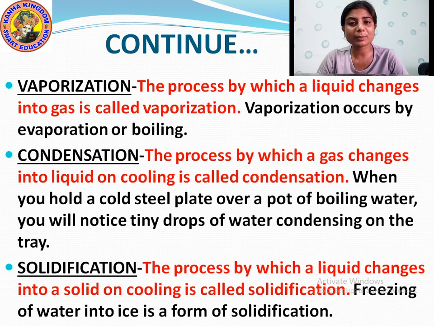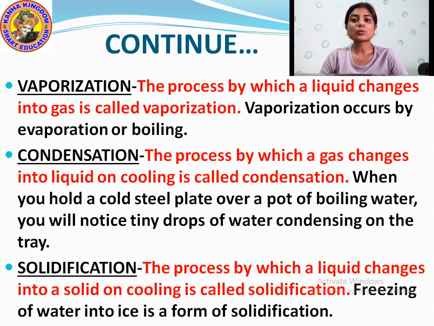That means when the gas is cooled down, it condenses into liquid. The gas turns into liquid on cooling. When we decrease the temperature of the gas, it turns into liquid. So this process is called condensation.